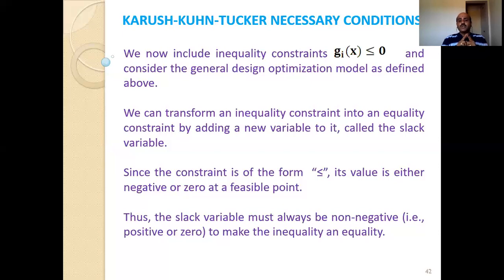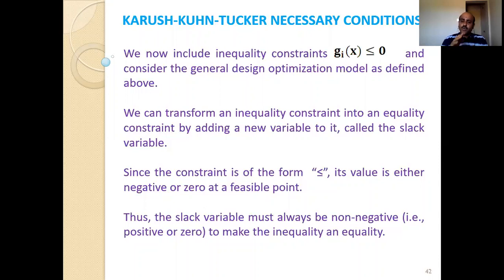Okay. So what we do here is, in the last class when we were discussing the Lagrange multipliers, we discussed one standard optimization model, a generalized design optimization model. There we considered the design variables, the cost function, and the third important thing we took, an equality constraint in the form hi of x.